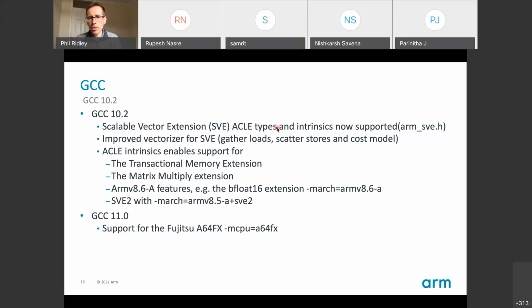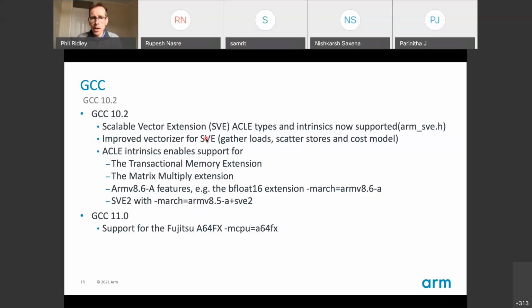If you want to use intrinsics to build your code with, that's all supported with GCC 10.2. They've done work as well to improve vectorization for SVE, things like accessing data, and also the cost model for doing the vectorization. That's quite well developed now.